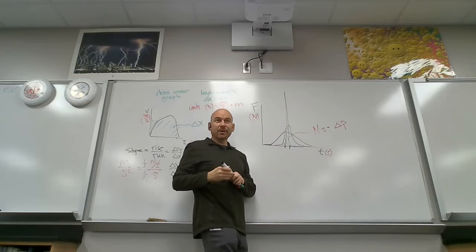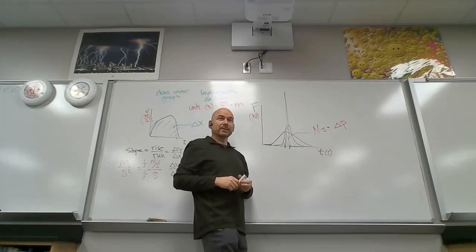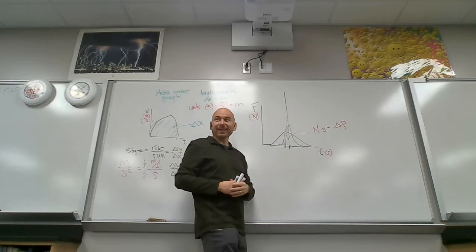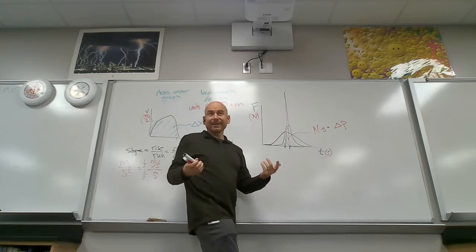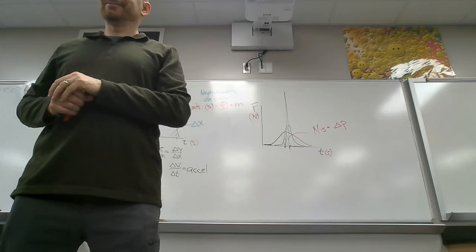I don't know if you saw anybody else's graphs, but the ones that look like this are the ones that sound abrasive, like ooh. But all of them ideally would have the same area under the graph.